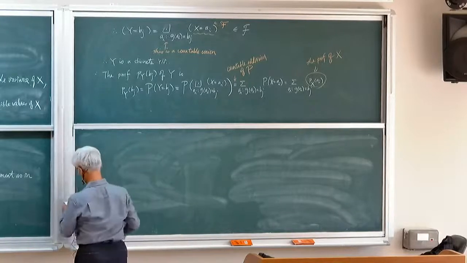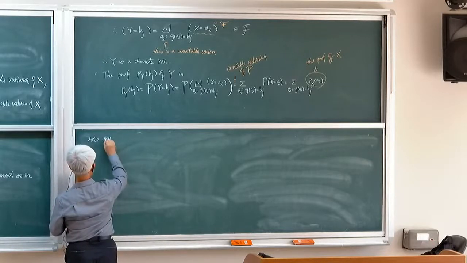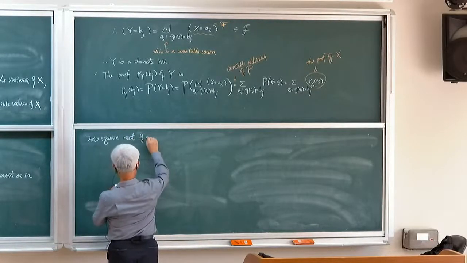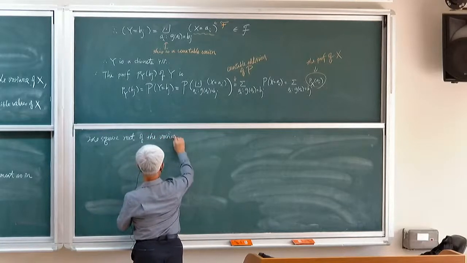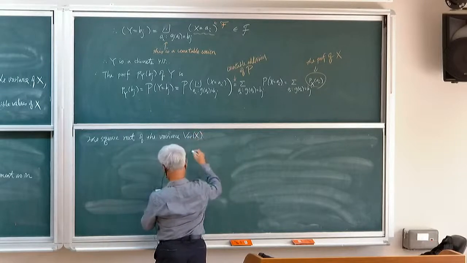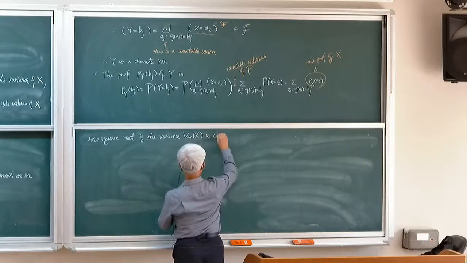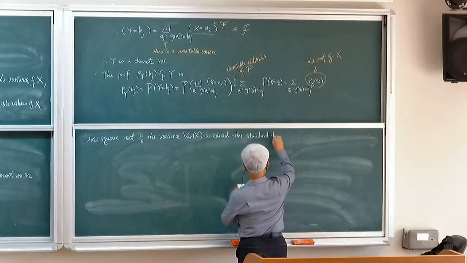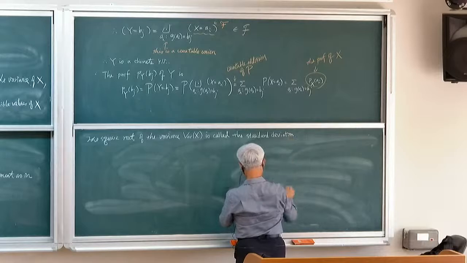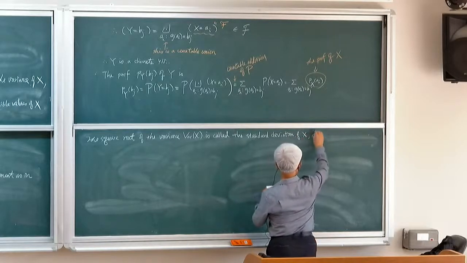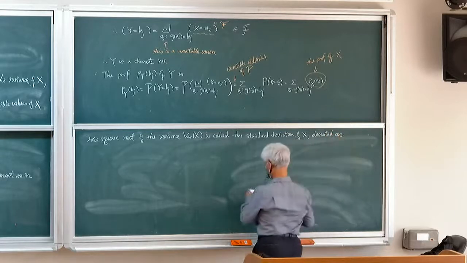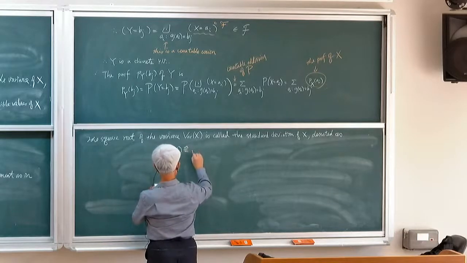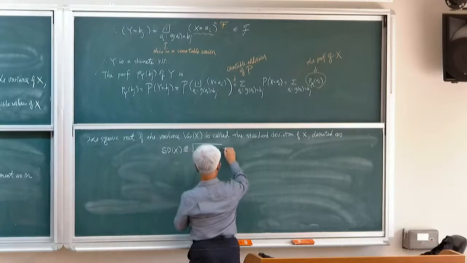Okay, and the square root of the variance, VAR x, is called the standard deviation of x, denoted as SD. The standard deviation of a discrete random variable is defined to be the square root of the variance of x.